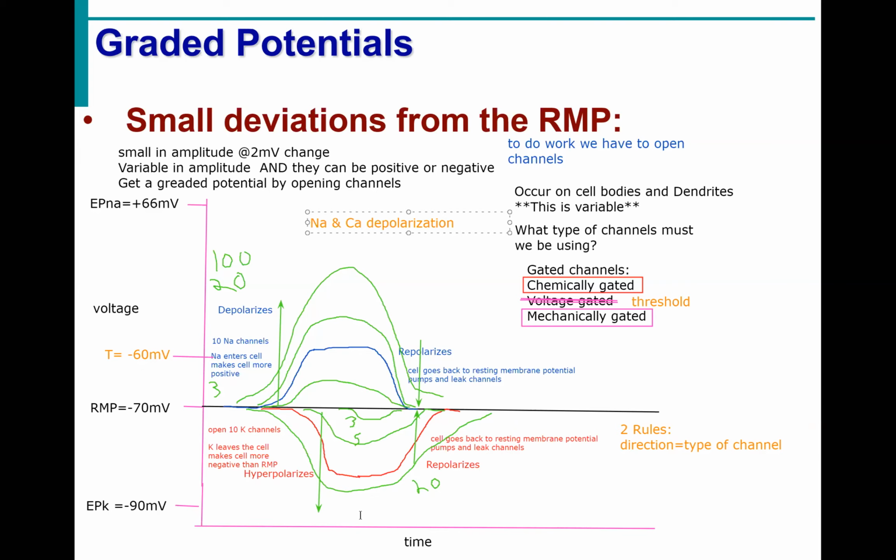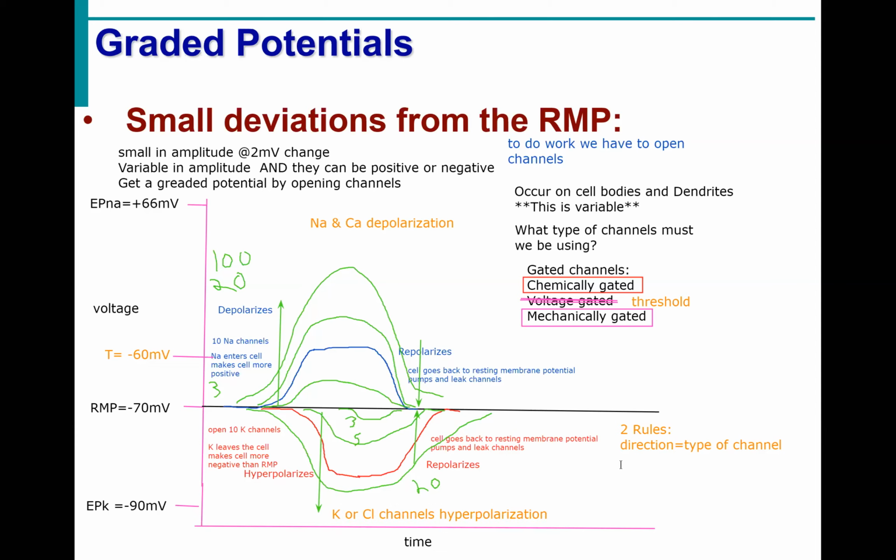Whereas if we open potassium or chloride channels, we get a hyperpolarization. So the type of channel we open determines the direction.